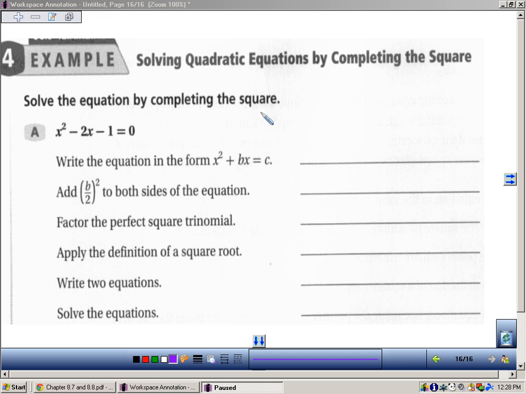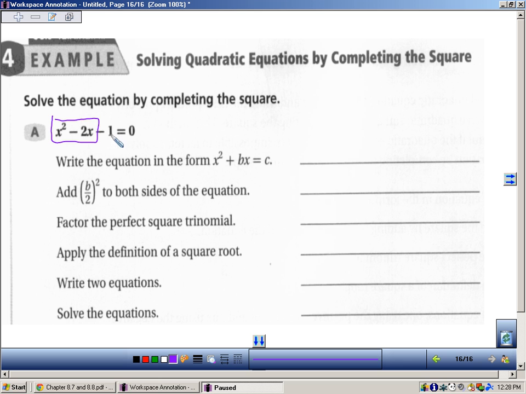And so the first step, and I did skip a page, example 3, and so my apologies, but the first step when completing the square is to always isolate the first two terms of your quadratic. And so if there's a constant there, you want to move that over to the other side, okay? And you do that by adding or subtracting the value of the term, its opposite. So if it's minus 1, then you do the opposite, you add 1.